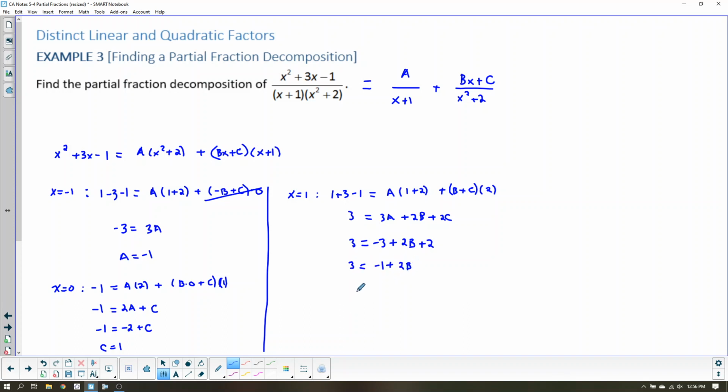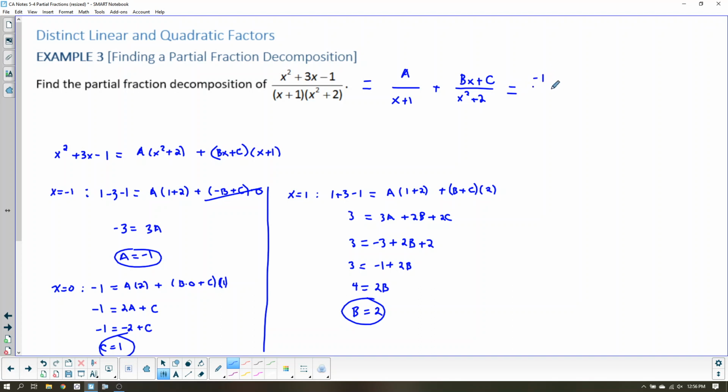All right, so we get this. Add it over. 4 equals 2b. And then divide. B comes out as 2. All right, so we've got the 3 values, which enables us to come back here and we can write out what the final answer actually is.